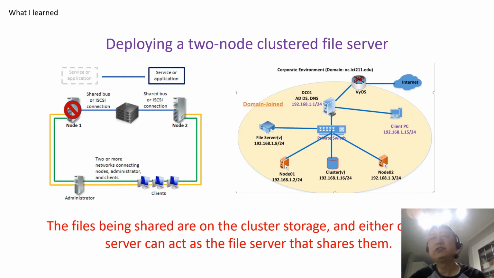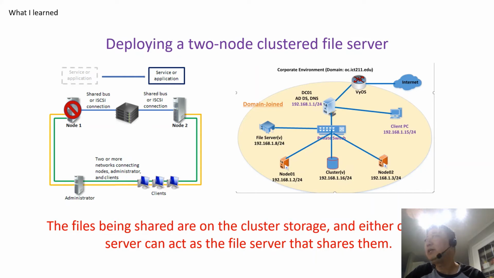I created a two-node file server for the final case study. The first image shows the two-node failover cluster connected to a storage unit. A failover cluster usually includes a storage unit that is physically connected to all the servers in the cluster, although any given volume in the storage is only accessed by one server at a time.